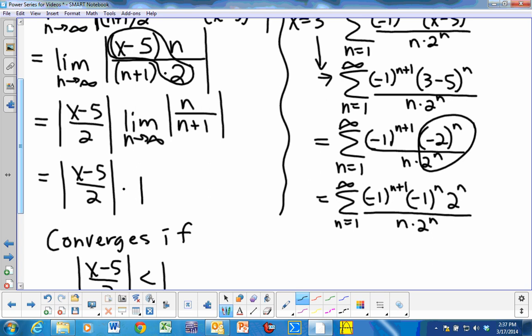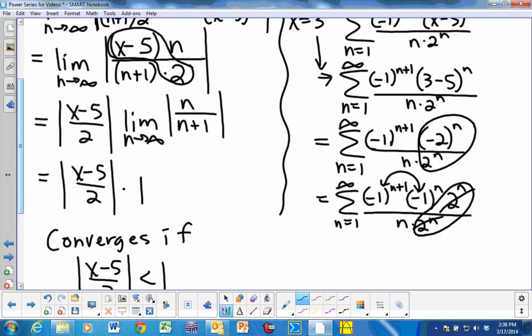Notice that what that does is make the 2 to the n go away. And then you have negative 1 to the n times negative 1 to the n plus 1. So we've got to figure out what's going to happen there.